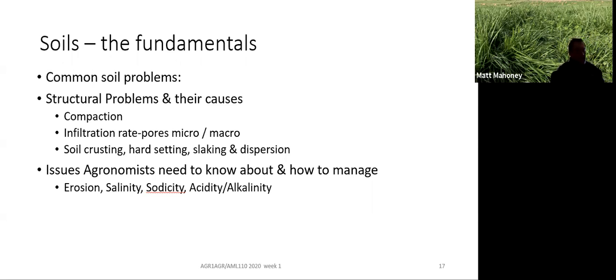Some soils are fine to travel over with heavy machinery or put lots of stock across, but once you get a certain amount of moisture in the soil profile, it becomes more malleable, and that's when you start getting the issues.